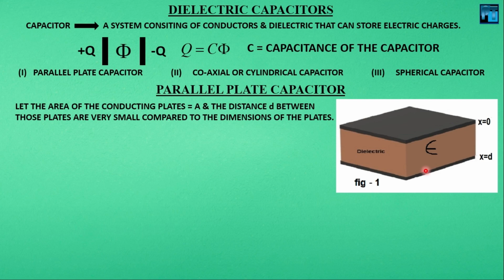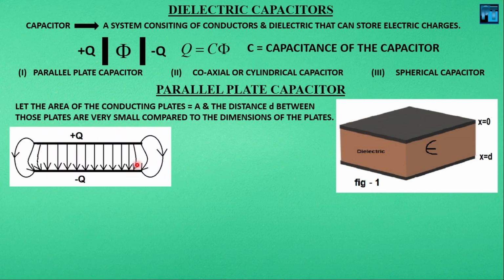Now here is a catch. This small d must be very small with respect to the dimensions of this capacitor. Why? Because in parallel plate capacitors, this fringing effect is very common.